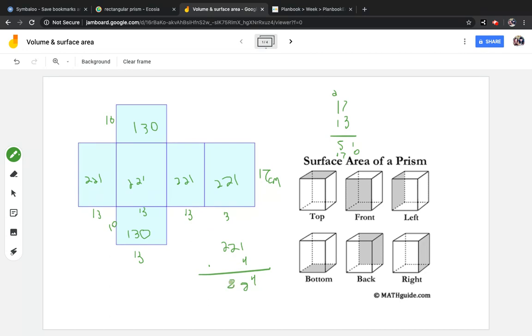And then 130 plus 130 is 260. Add those together. 4, 12, 13, 14, and 11. So my surface area would be 1,144 centimeters squared.